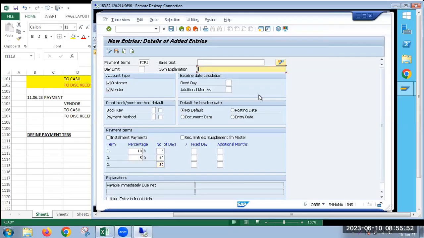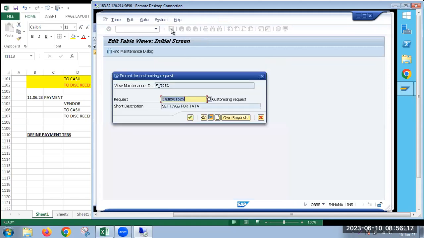So we can make it 10% for 5 days, 5% for 10 days, and 30 days net. We can save it.